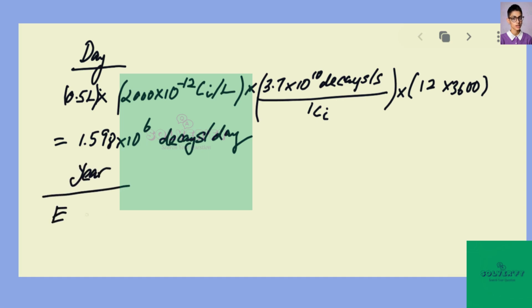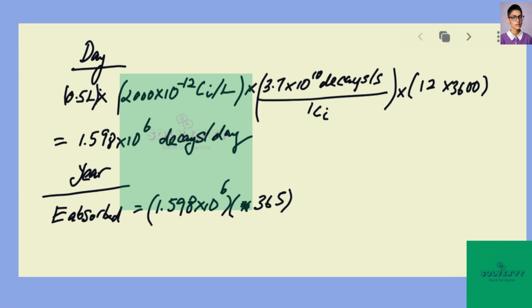The energy absorbed in a year: we take the number of decays in the day, multiply that by the number of days in a year, about 365 days, and then multiply that by the energy released per decay, which is 1.5 MeV.